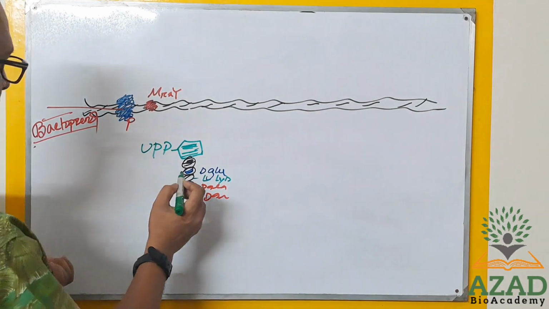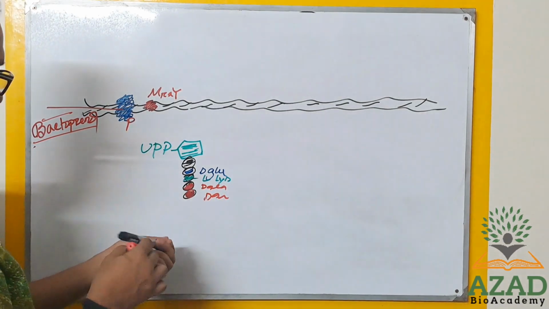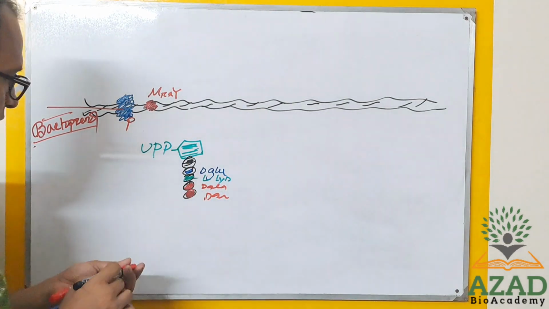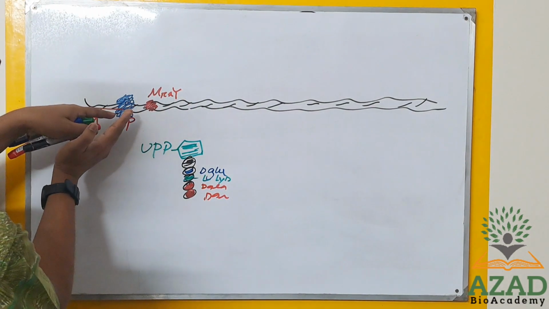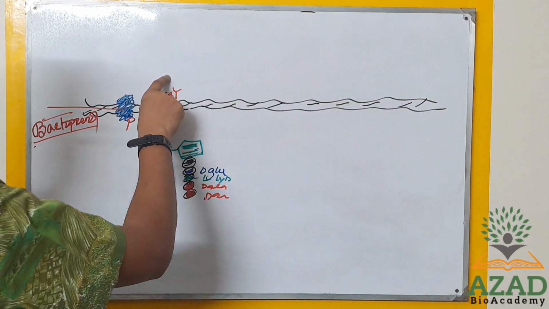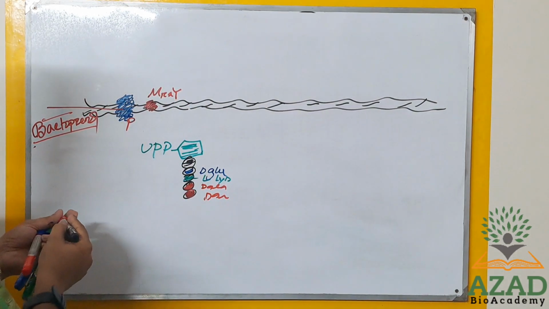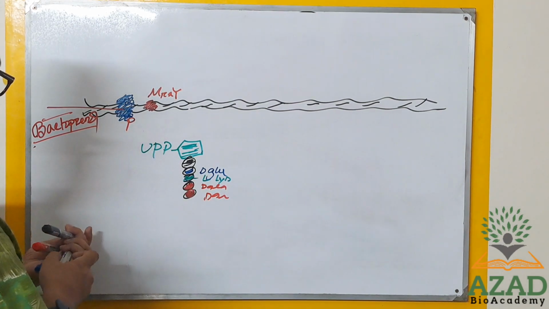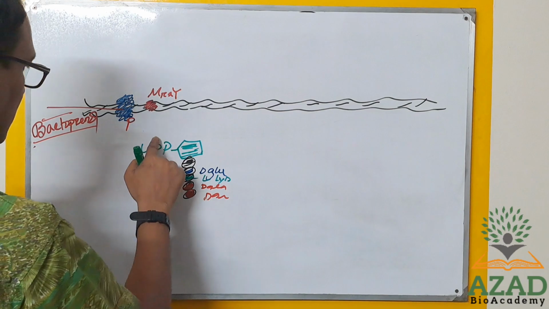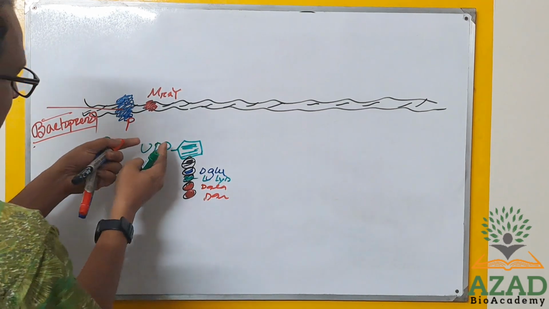So if you recall the earlier stage, you will get the exact figure. That will attach to the bactoprenol with the help of the enzyme MraY. Okay, how will it attach? Here is UDP, uridine diphosphate.